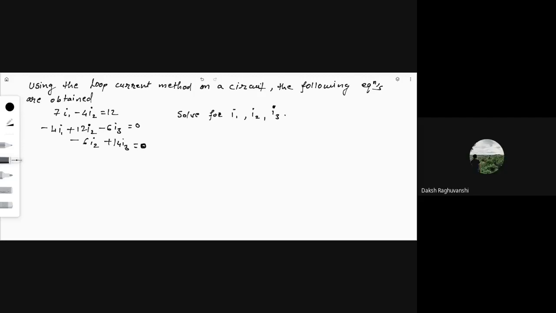Sir, I3 is equal to minus 2 by 11. No, you got it really simple. I3 is equal to 0. Okay. I2 is equal to minus 12 by 17 and I1 is equal to minus 36 by 17. I think it is wrong.